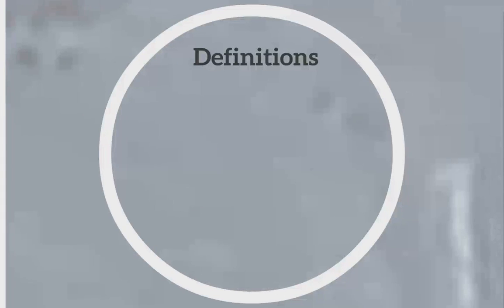So first, before we jump into talking about nominal and ordinal associations, let's talk about some definitions that we'll be using in this lecture. First, we'll be discussing the x variable, and I'll refer throughout these lectures to the x variable as the independent variable. Another way that this is also referred to is as the predictor variable.